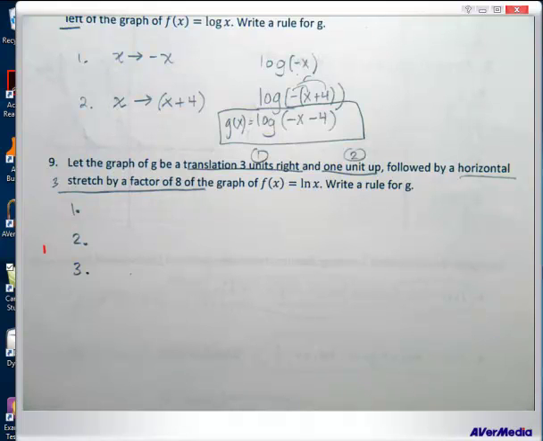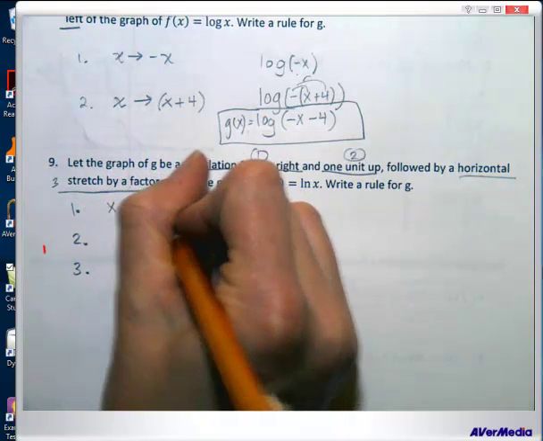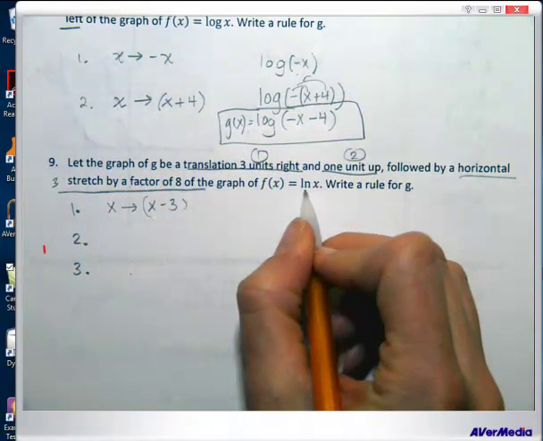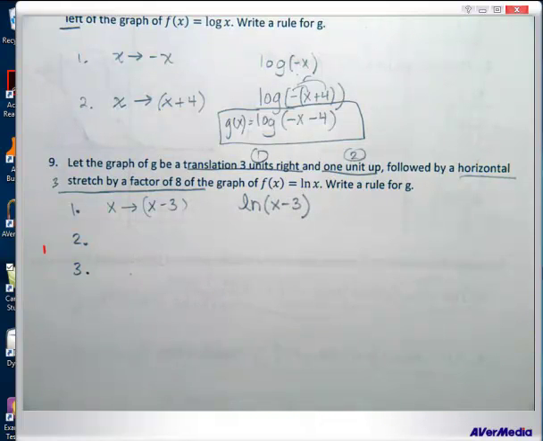Translating 3 to the right. Close. Minus 3, yes. You take the x, you replace it with x minus 3. So in this function, natural log of x now becomes natural log of x minus 3.